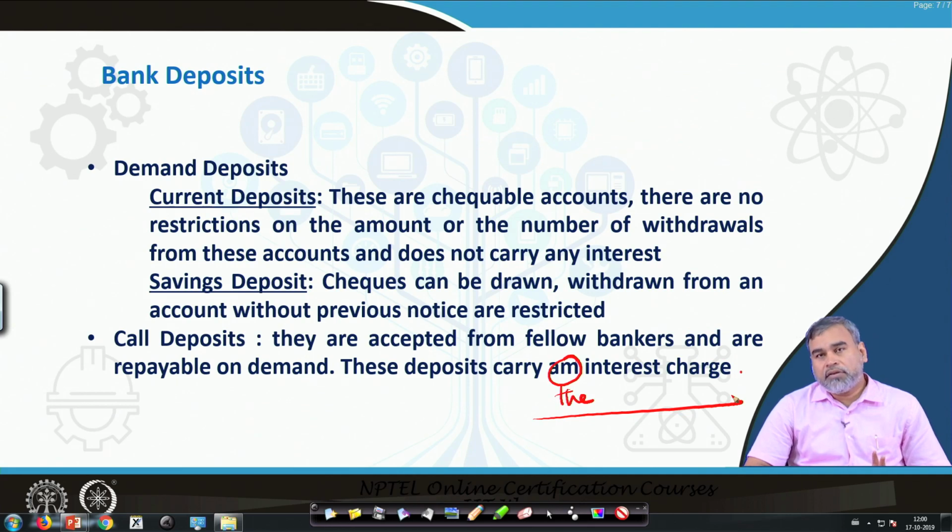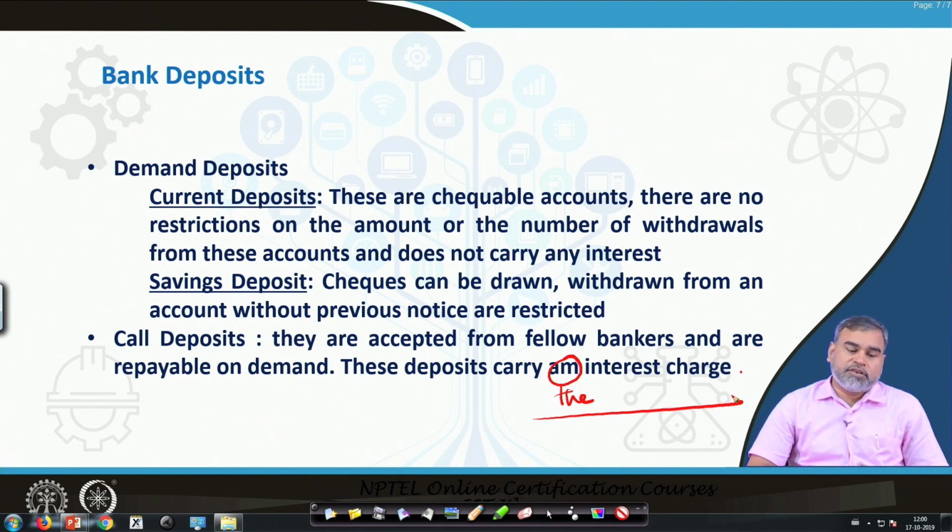And number 2, in the current accounts there are no restrictions in terms of the number of withdrawals. That means, as many times as you want, the current account holder can withdraw the money, and this money is checkable. You can issue a check against your current account deposits.